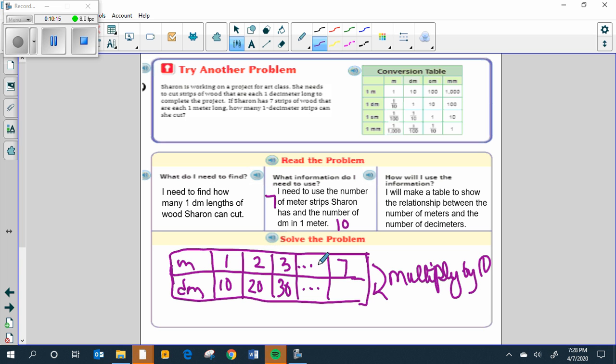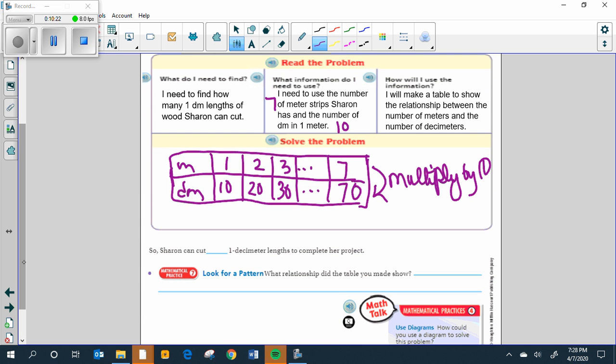And so 7 times 10 is 70. So Sharon can cut 70 1 decimeter lengths to complete her project.